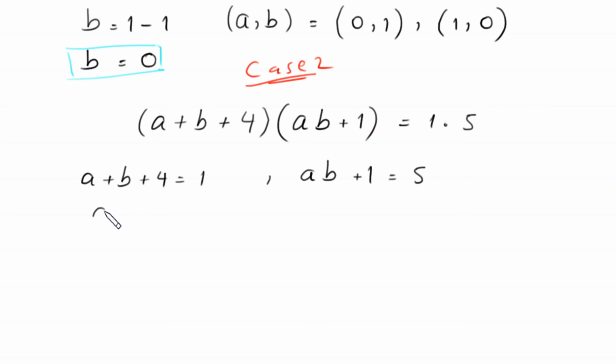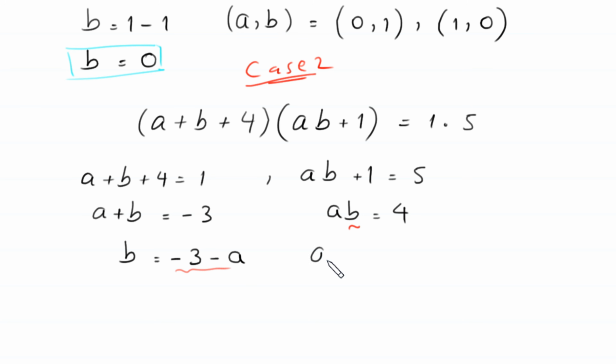From this equation we get a plus b is equal to negative 3, and from this equation we get ab is equal to 4. We move a to the right hand side, so b will be equal to negative 3 minus a, and we replace b with this value negative 3 minus a.